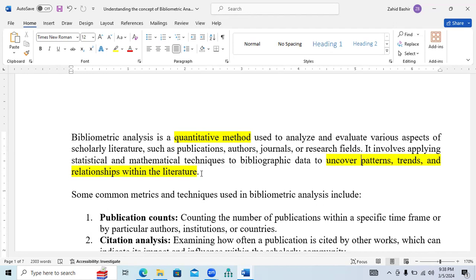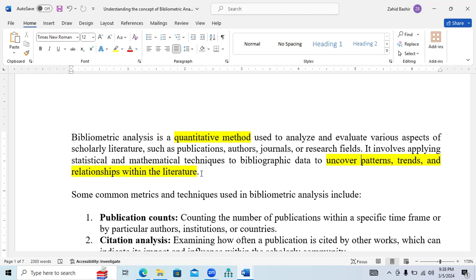So, bibliometric analysis will let you know. It will also identify the areas where more research is required, where you can potentially do further research. It will let you know the potential research gaps which you can identify for yourself.